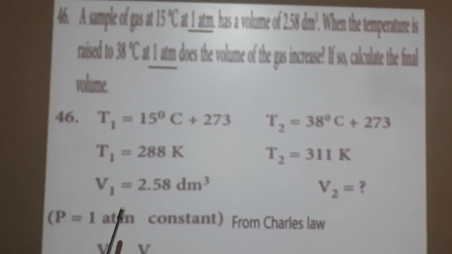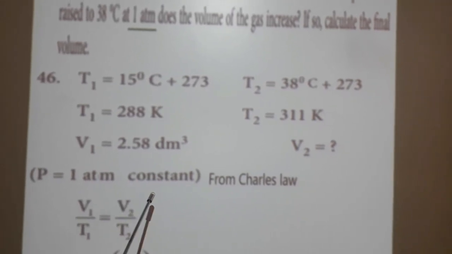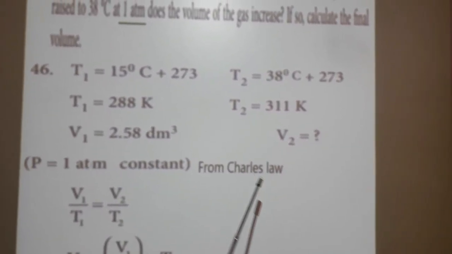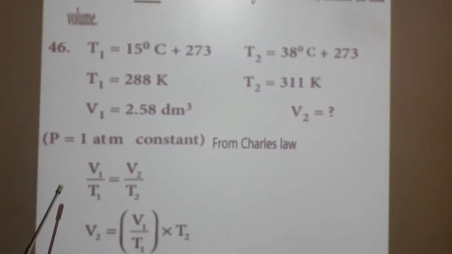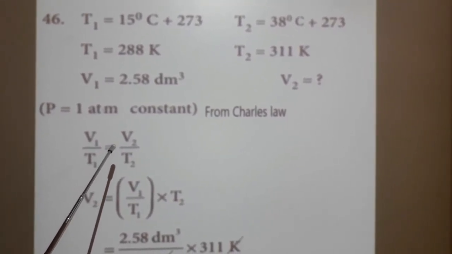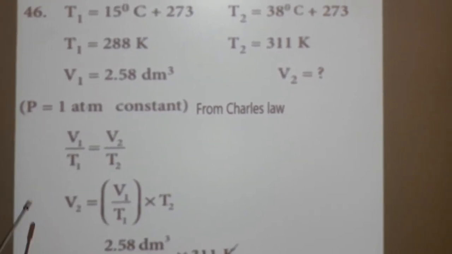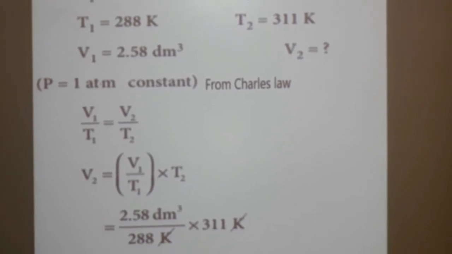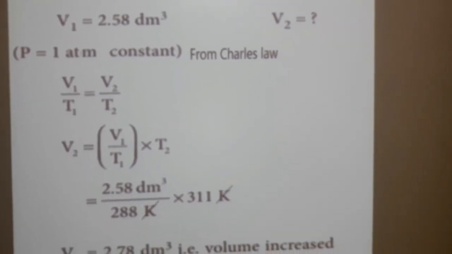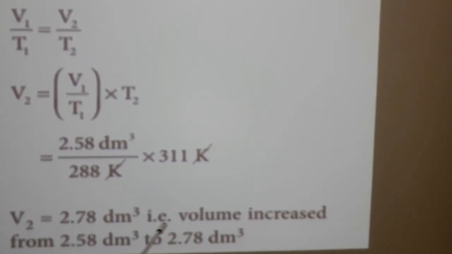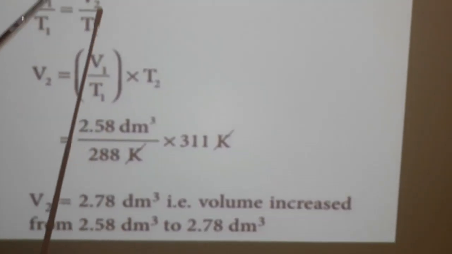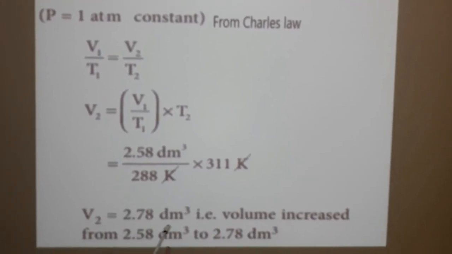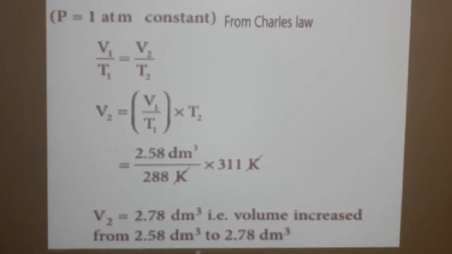From the given data, the pressure is constant. So with pressure constant and temperature and volume varying, that is the Charles law. According to the Charles law, we get the equation V1 by T1 is equal to V2 by T2. Now we know the V2 value by applying the other terms and then cross multiplying. We get the answer V2 is equal to 2.78 decimeter cube. So the initial value is 2.58, and now we get 2.78. So it is increased from 2.58 to 2.78.